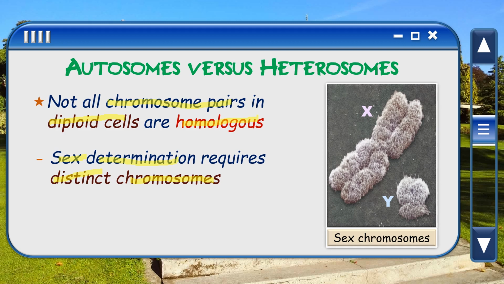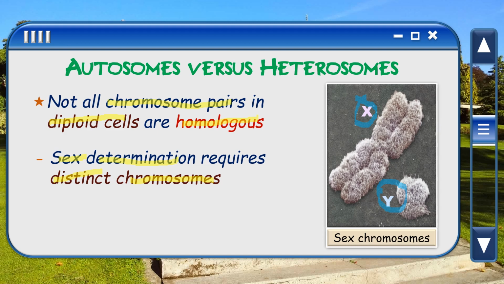Now, what are we saying? For example, if we look at our diagram, you will see that we have the X chromosome and the Y chromosome. If you look at them, they are not homologous. They are not of the same size, and I don't think the genes are the same.